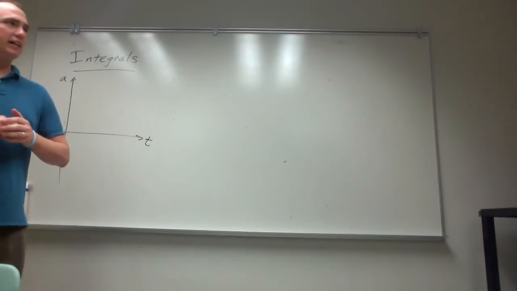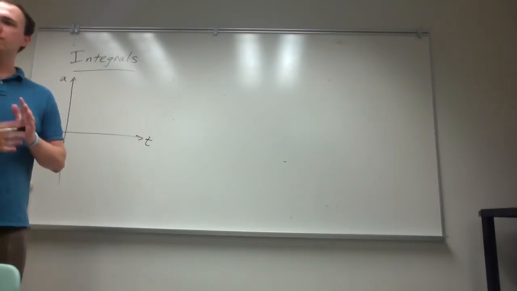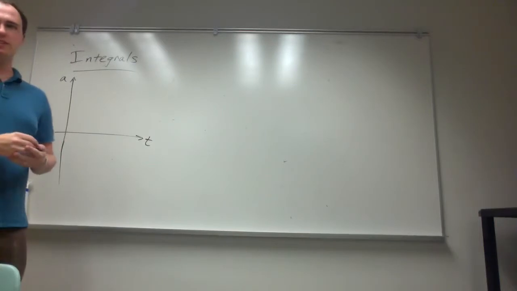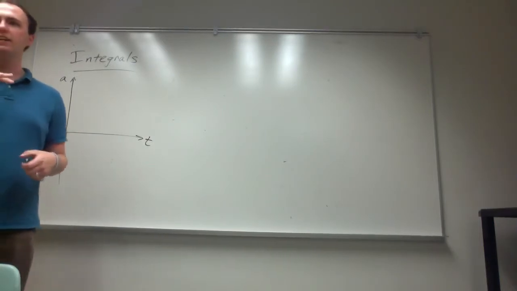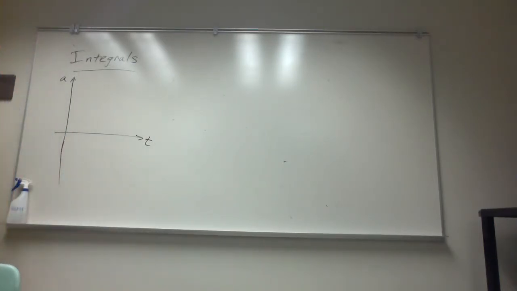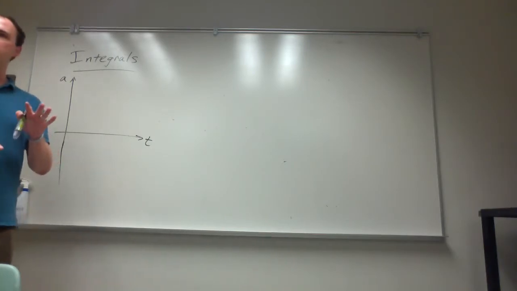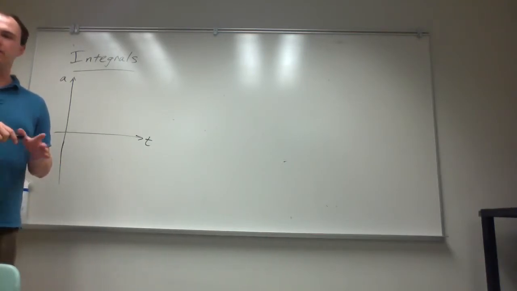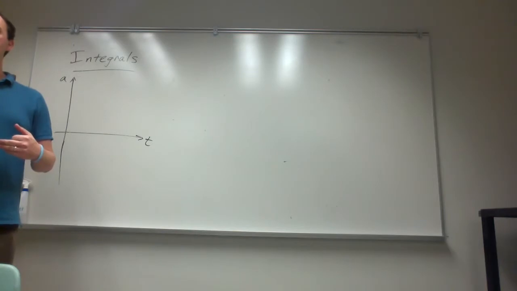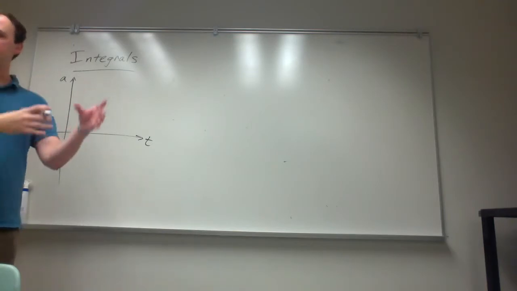Okay, so if we want to stick to the things that we're going to cover in this class, which is constant accelerations, I could just draw a flat line. But I think one thing where people get a little bit mixed up in this class is we can do constant in pieces.